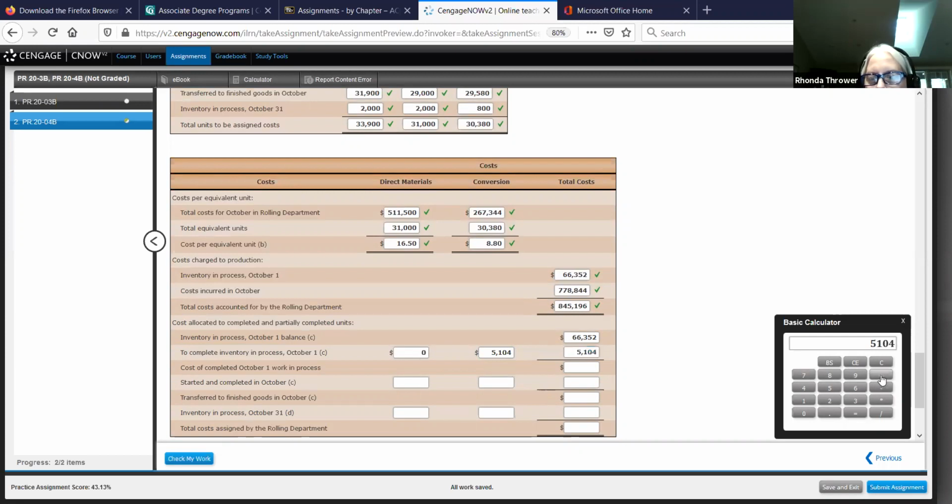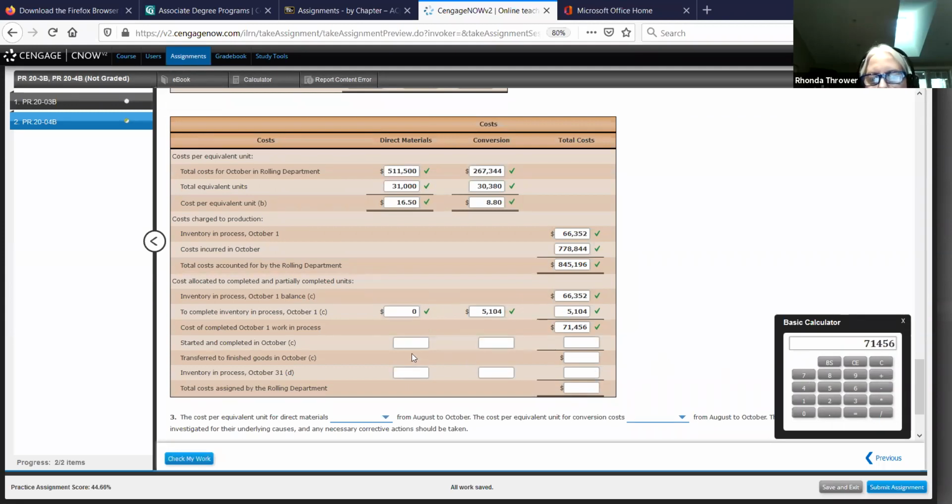And then you're going to add that to your beginning inventory cost. And the total cost of your beginning inventory was $71,456. It's probably a good idea to check your work and make sure your math is right.